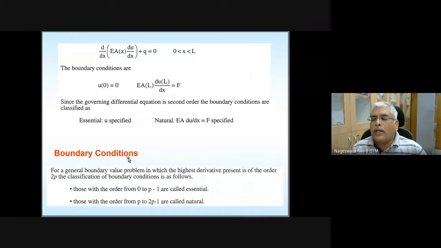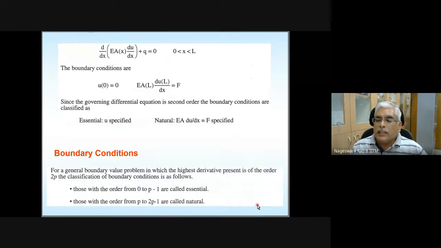For a general boundary value problem in which the highest derivative present is of order 2p, the classification of boundary conditions is as follows. Those with order 0 to p minus 1 are essential. Those with order p to 2p minus 1 are natural boundary conditions.